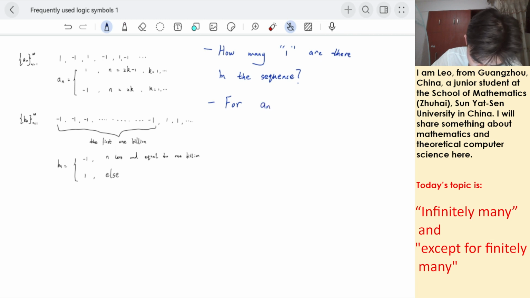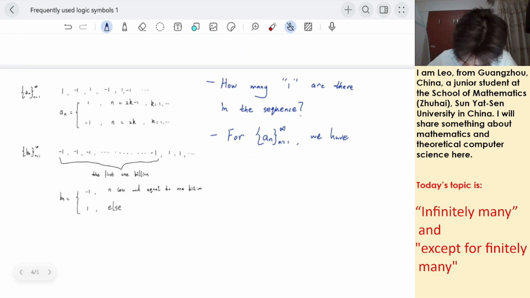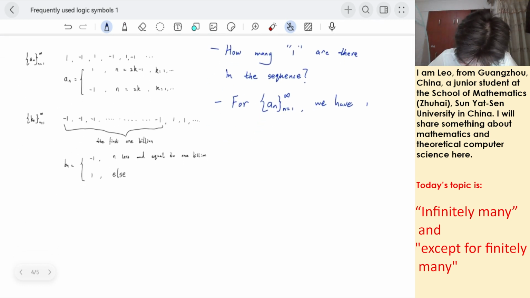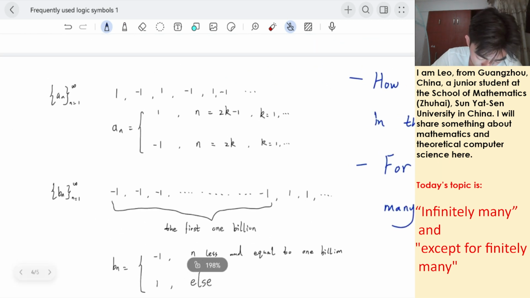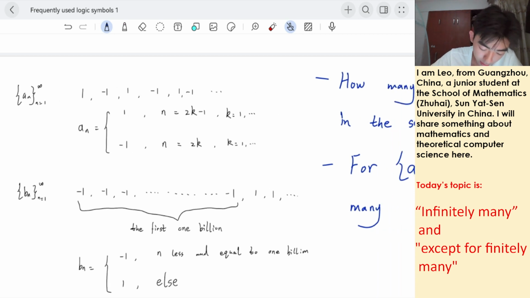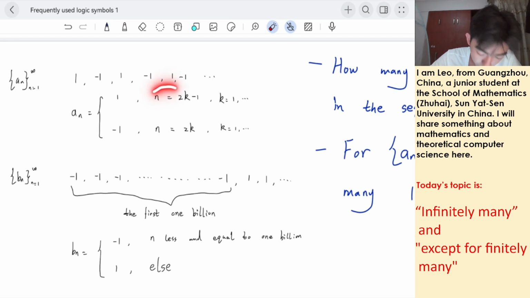For an, how many? We have infinitely many 1s, because we can see that when n cannot be divided by 2, an equals 1, and this kind of n goes to infinity.